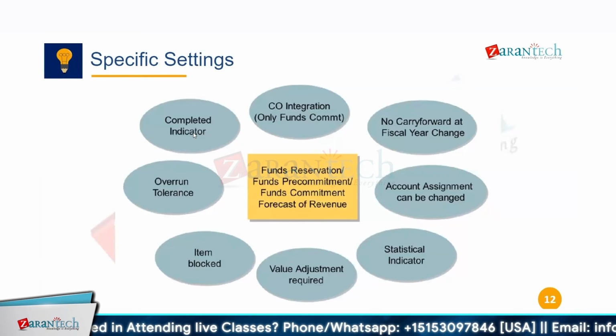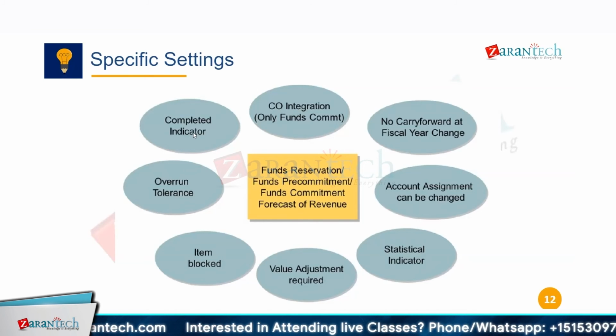Once this completed indicator is applied, and by the way, you can reset it back also, just as you can do in a PP order or a CO order, then you cannot do any transaction on that particular document. It is kind of frozen. Generally that would happen when the document has been entirely consumed, or for some reason you want to discard it and create a new one, totally abandon it. So this one functionality is there.